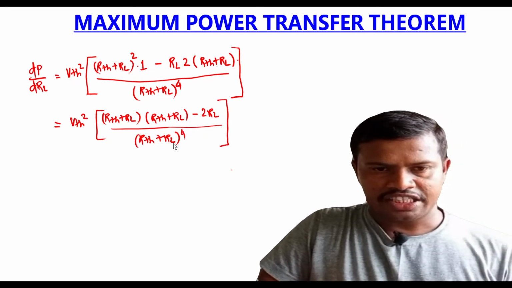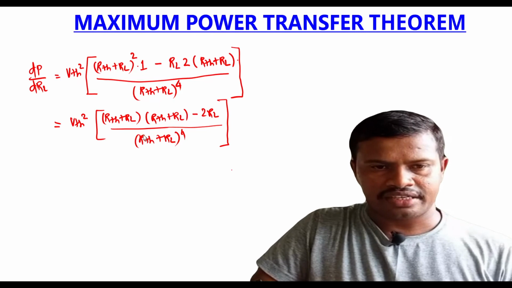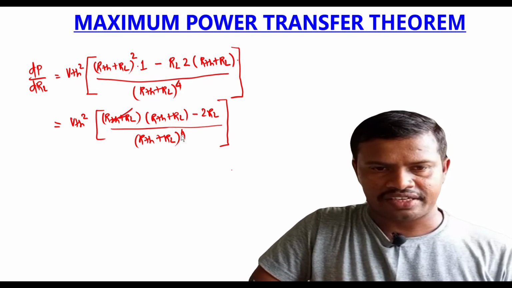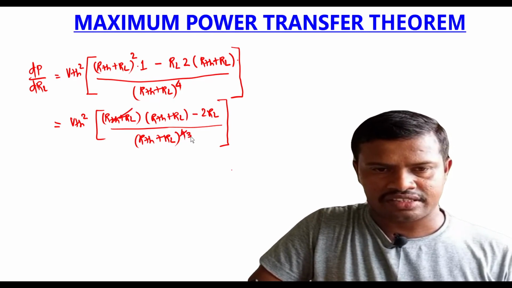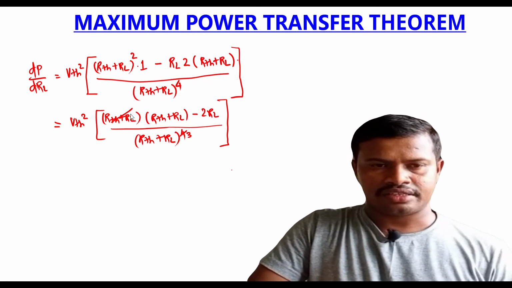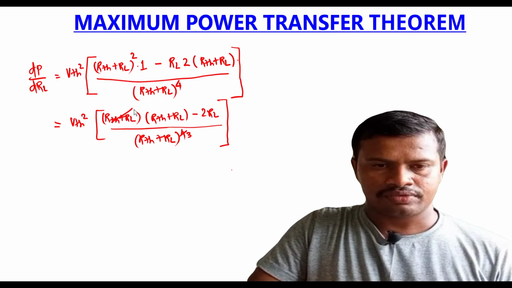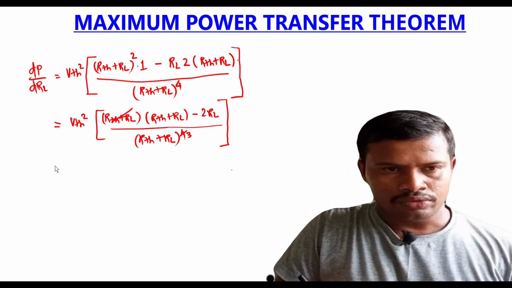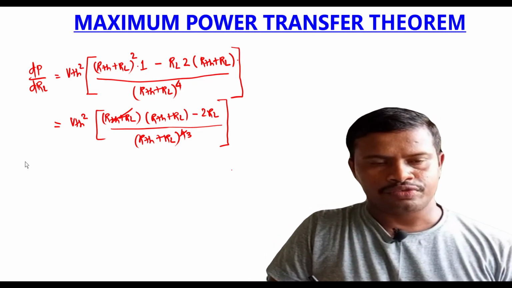Now the RTH plus RL from the numerator and denominator will get cancelled out. When it gets cancelled out, the power will be reduced by 1 because the numerator RTH plus RL is only 1. Now we need to equate it to 0 to find the maximum point.